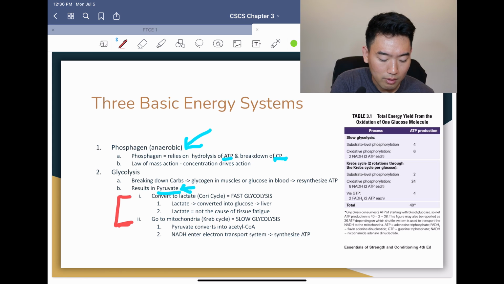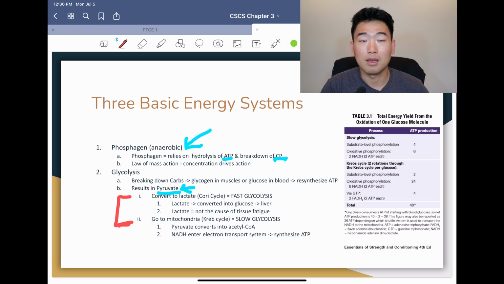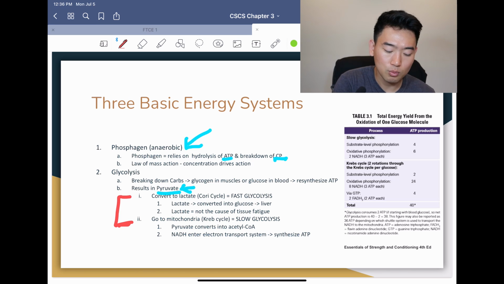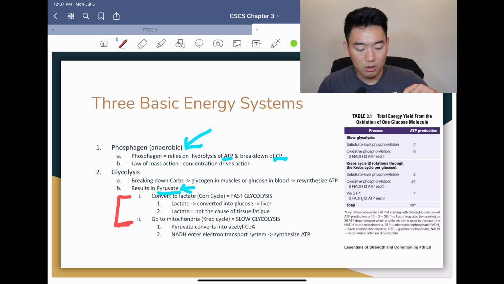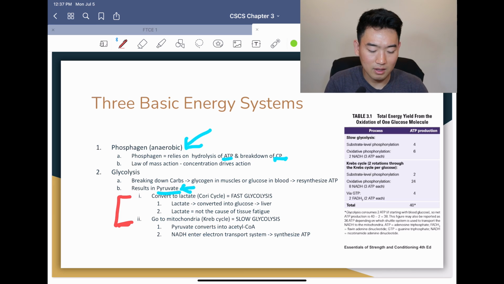But the lactate is converted into glucose, and then it goes to the liver. Okay, so that's the first part. With the Cori cycle, it's the lactate, how it gets converted into glucose and then goes to the liver. Okay, so also important to remember with the Cori cycle, lactate is not the cause of tissue fatigue.